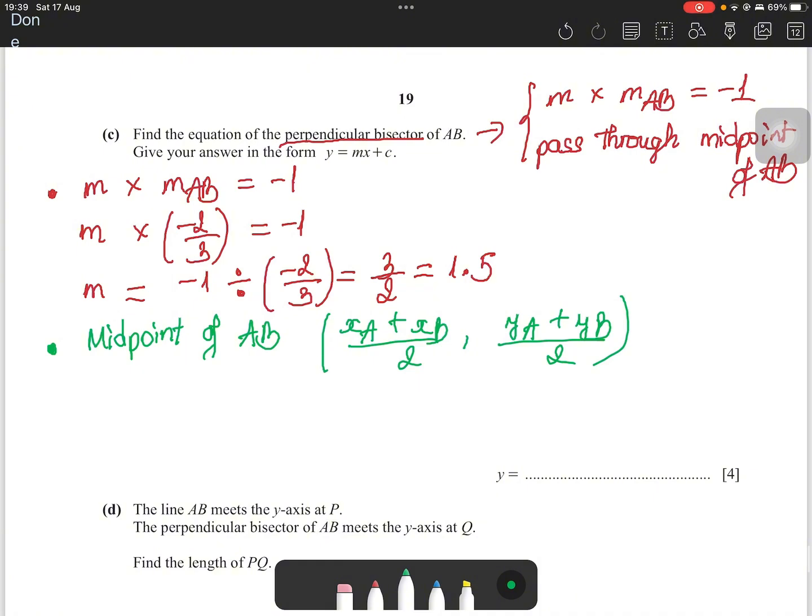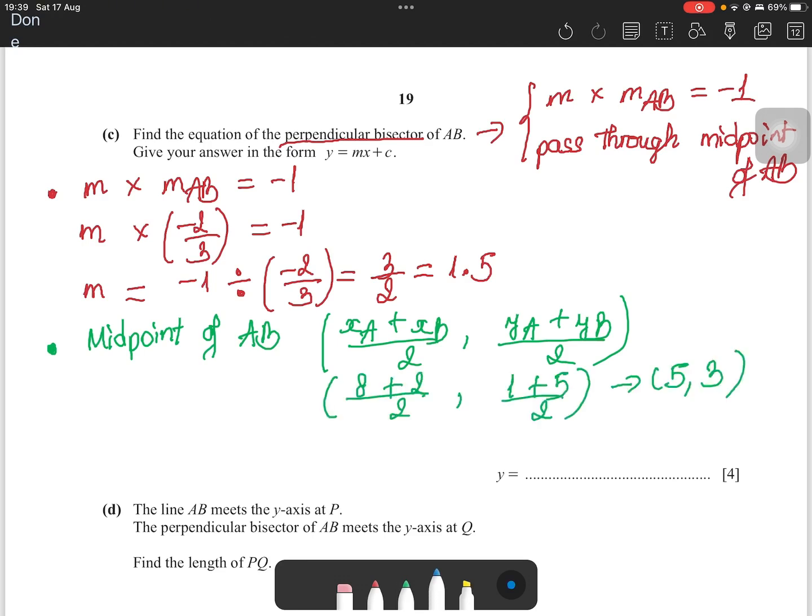You know that XA is 8, XB is 2 over 2, and YA is 1, YB is 5 over 2. So the midpoint is 8 plus 2 over 2, which is 5, and 1 plus 5 over 2, which is 3. So this is the midpoint of AB.